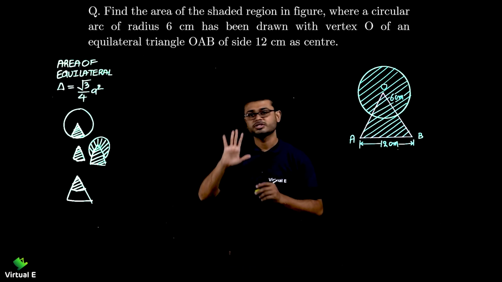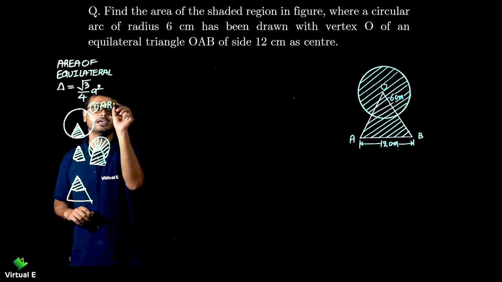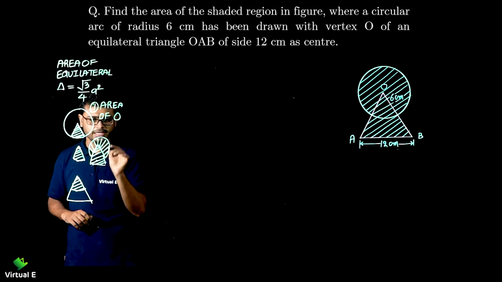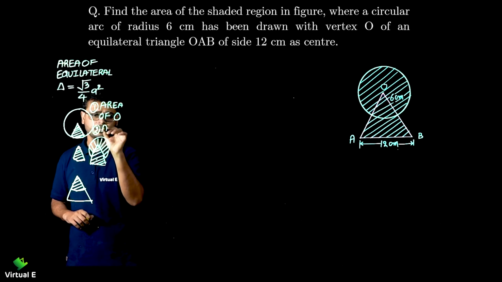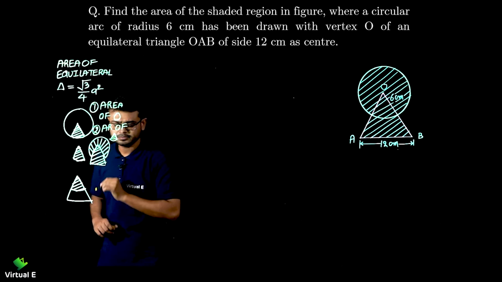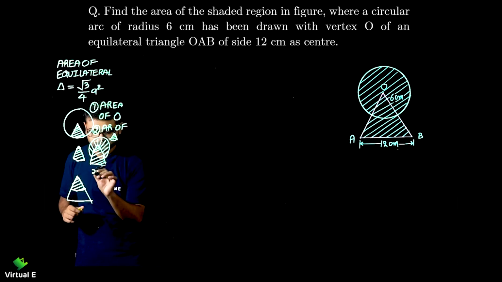Done. Okay, so we know first step we need to find the area of the circle. Second step, area of the sector. Third step, here subtraction is coming first, see? Third step, subtraction.